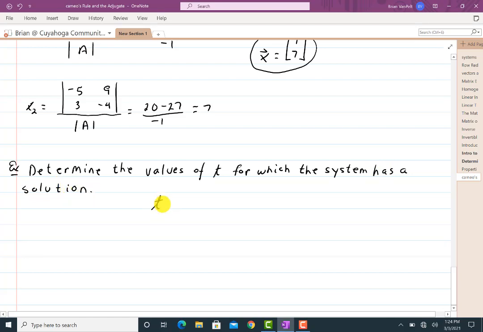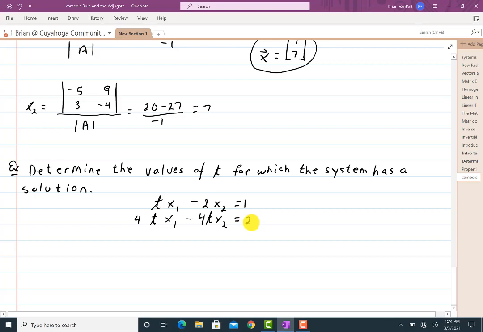And here it is: t times x1 minus 2x2, and that's equal to 1. And then we have 4t x1 minus 4t x2, and that equals 2.